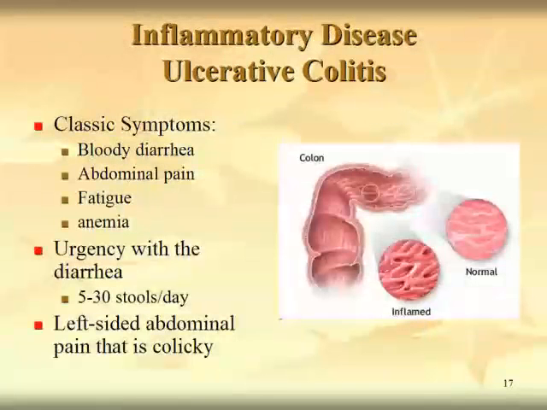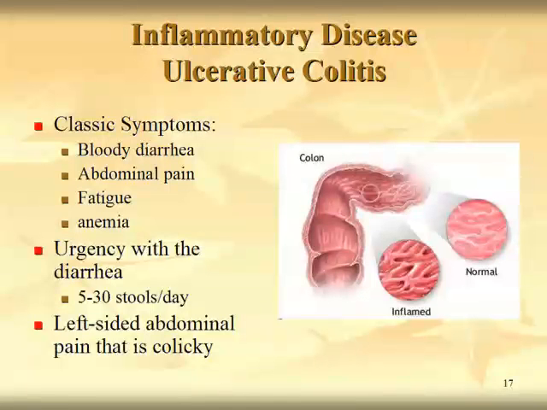The classic symptom with ulcerative colitis is that the patient presents with bloody diarrhea. They may have anywhere from 5 to 30 bloody diarrhea stools per day. Patient will have abdominal pain, fatigue, anemia due to losing all of that blood through diarrhea, and left-sided abdominal pain that feels very colicky.